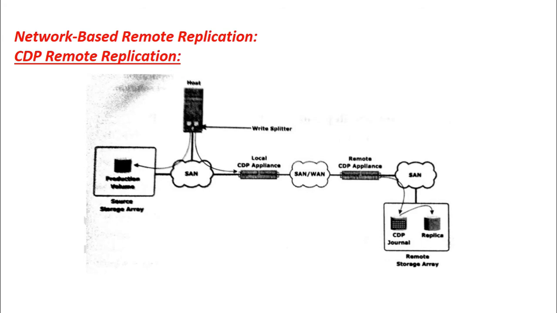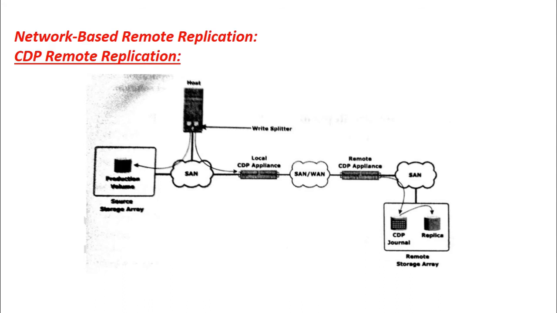After receiving the write, the appliance at the source site sends it to the appliance at the remote site. As we can see, we have the local CDP appliance and the remote CDP appliance. Then the write is applied to the journal volume at the remote site.